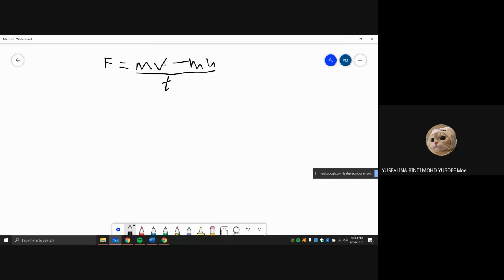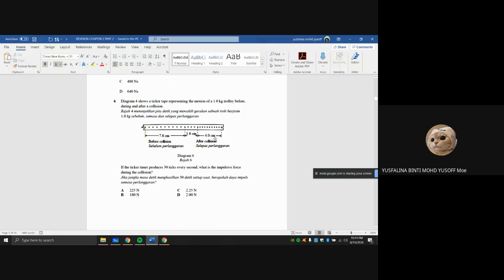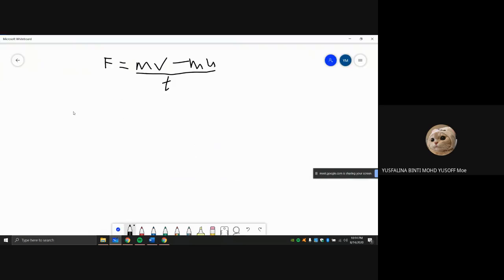So the problem is V and U and also T. If you see the question here, this is before collision and this one is after collision. The after collision is V, the before collision is U. So how do you want to find U and V?